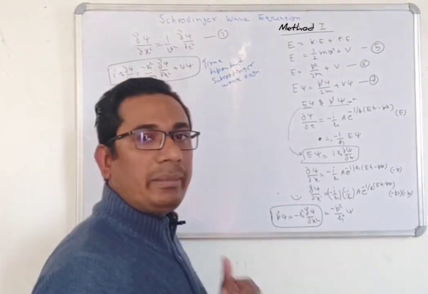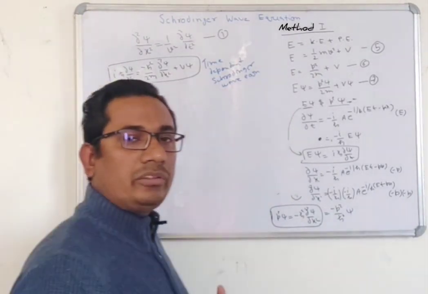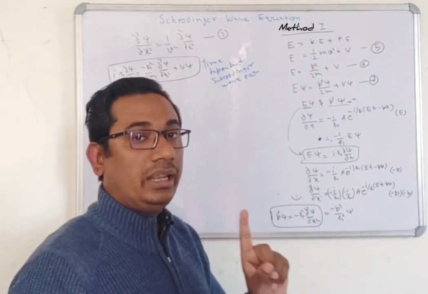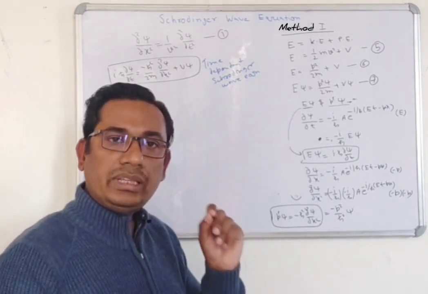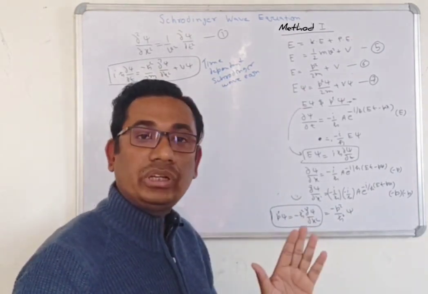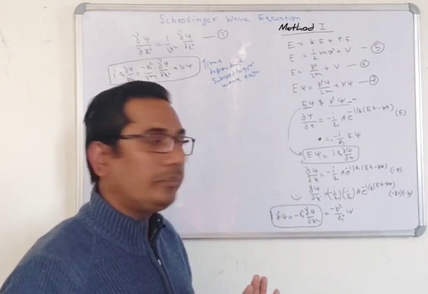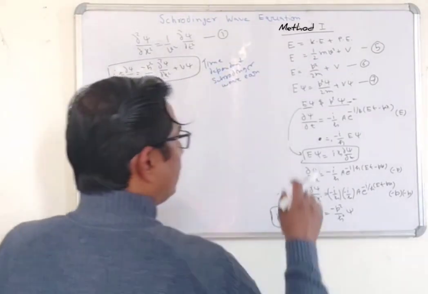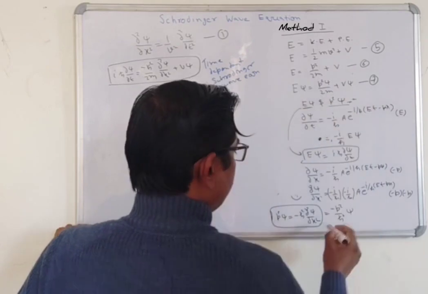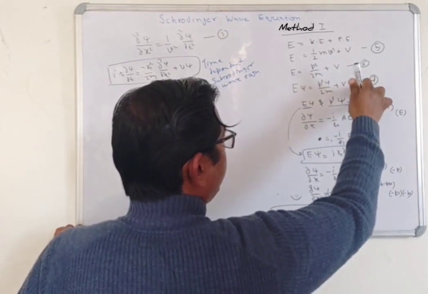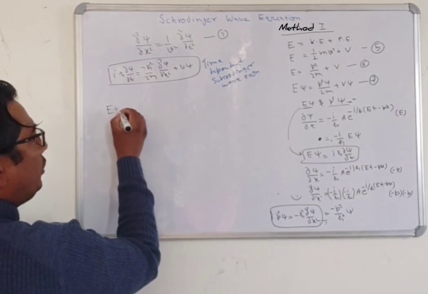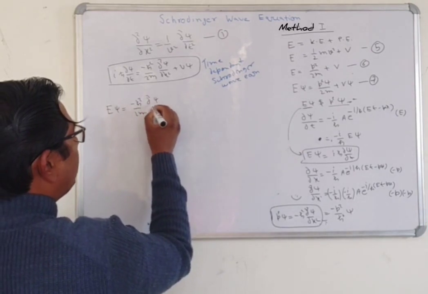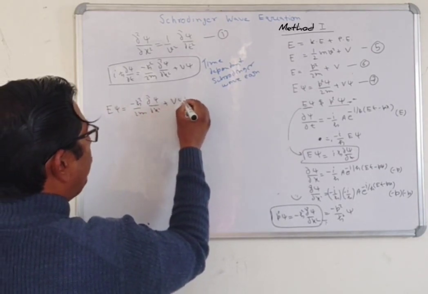Now, what is the time independent Schrodinger wave equation? The time independent Schrodinger wave equation applies when the potential energy is a function of position only. In many problems, the potential energy depends only on the position, not on the time. In this situation, we put only the E psi value in this equation. It means that E psi is equal to minus h cut square by 2m d square psi by dx square plus V psi.